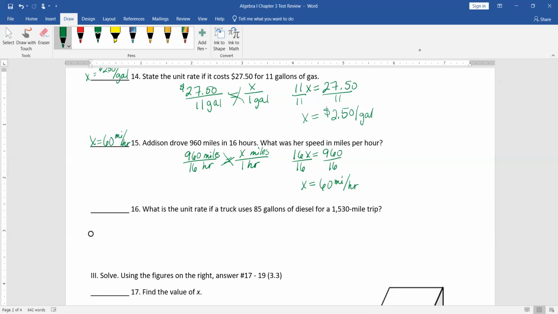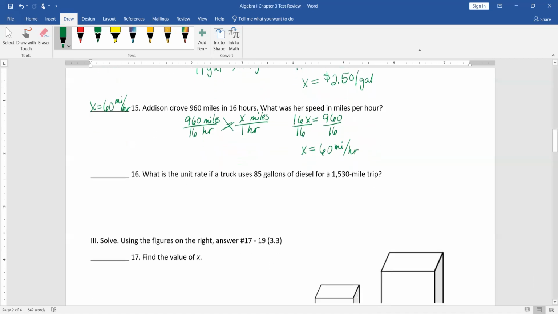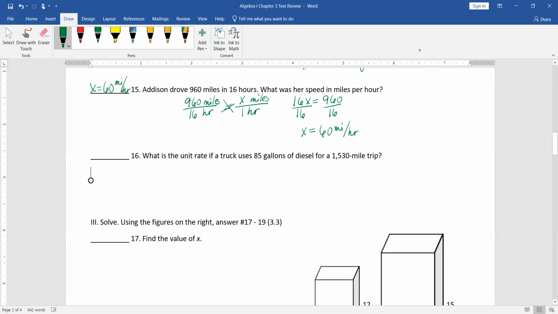All right, so this is really nice. I always try to drive in a way that gets me the most efficient miles per gallon, so I kind of like this one. It's asking what is the unit rate if a truck uses 85 gallons of diesel for a 1,530 mile trip. So it's asking how many miles per gallon he is getting here. So I would put the 1,530 miles driven on 85 gallons of diesel.